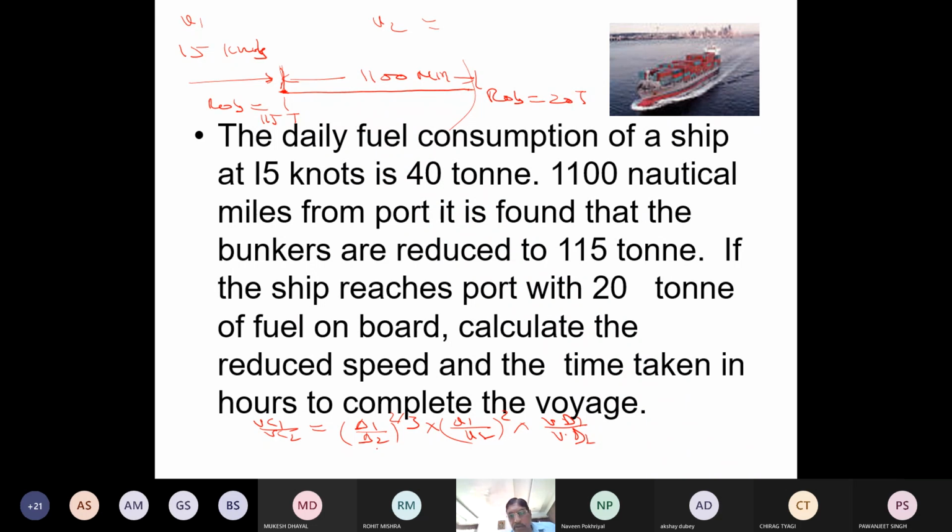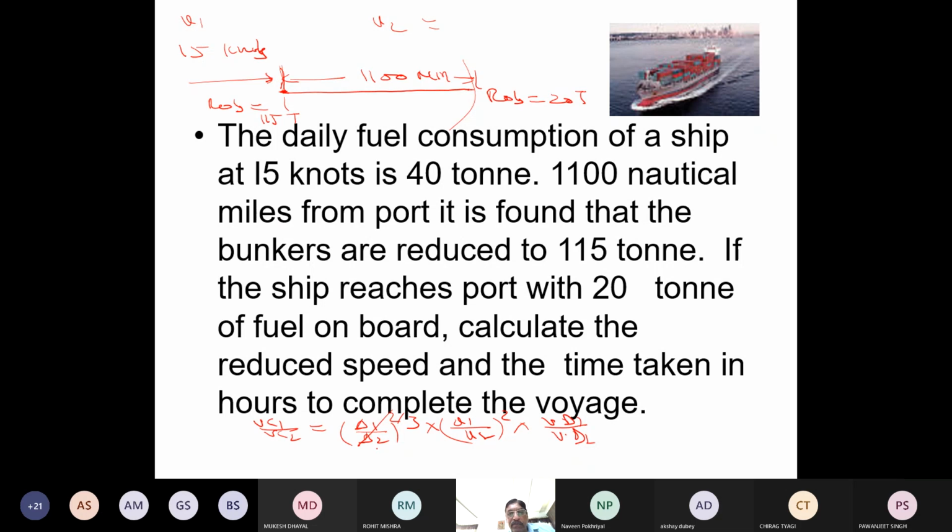Now numerator is all parameters for one set. Voyage consumption 1, displacement 1, V1, voyage distance 1. So let us consider a voyage before this of 1 day. If I consider a 1 day voyage, my voyage consumption will be 40 tons. So in numerator in this formula will be 40. Now let delta 1, delta 2 be the same.